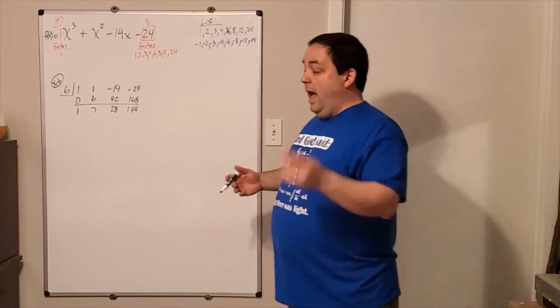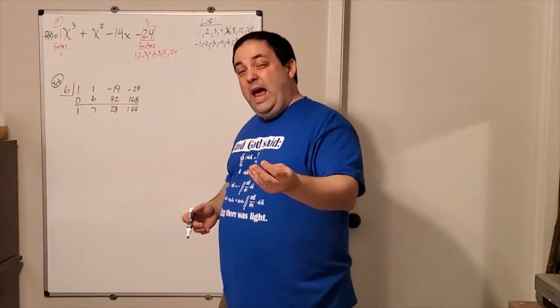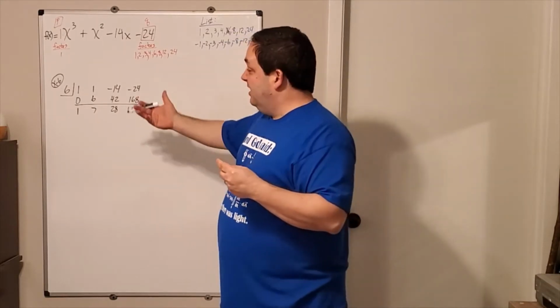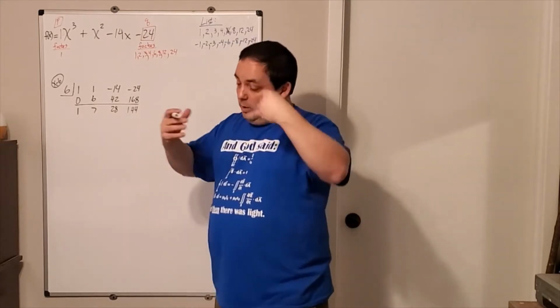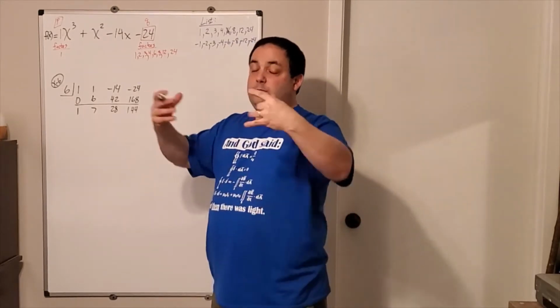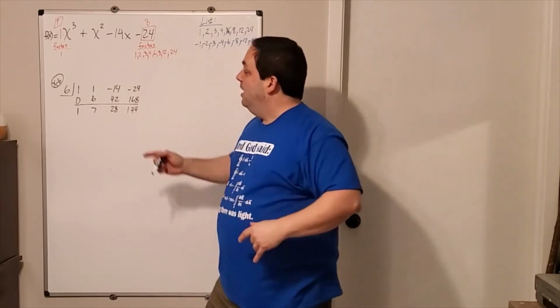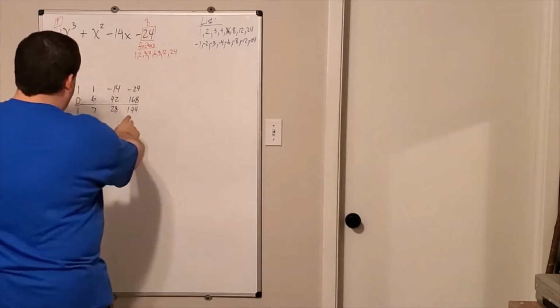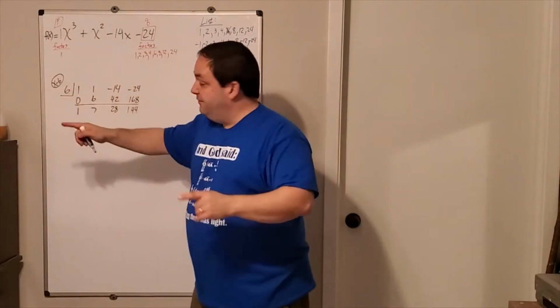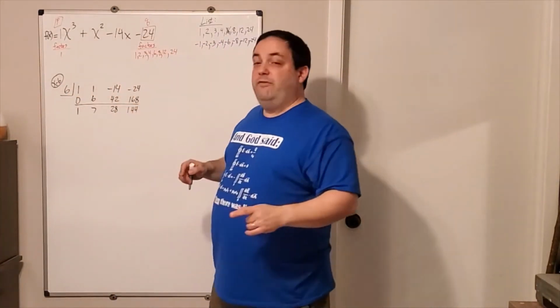However, don't forget, we have the remainder theorem. This isn't a total loss. Even though I did not get a factor, which is what we really want, those x-intercepts and those factors, I still found one little small piece of information. I did find out that f of 6 equals 144.